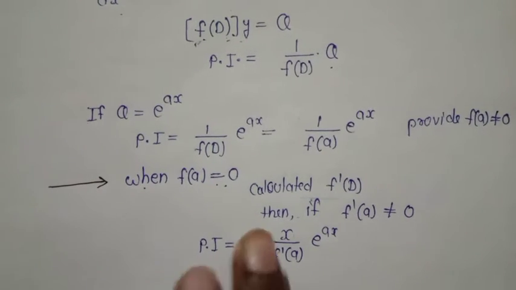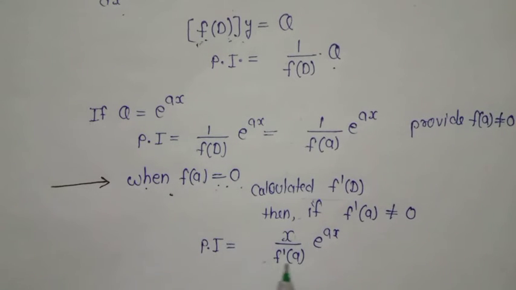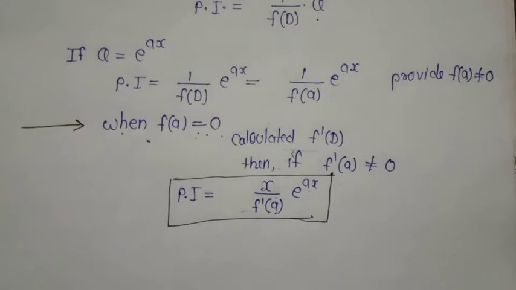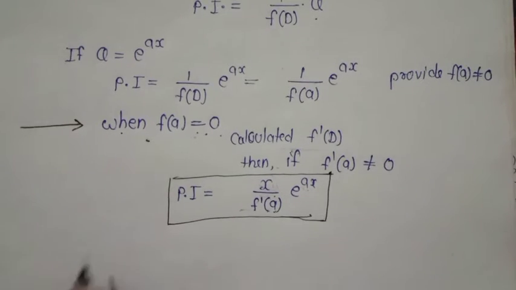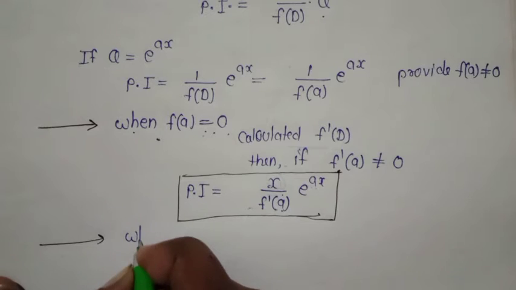Simply you can understand that if f of a is equal to 0, then you have to take just the derivative of the denominator and then put D is equal to a, and if f dash a is not equal to 0, then we can apply the method, and yes, you have to multiply x in the numerator. Now suppose f dash a becomes 0 again, that is f dash a is also 0.